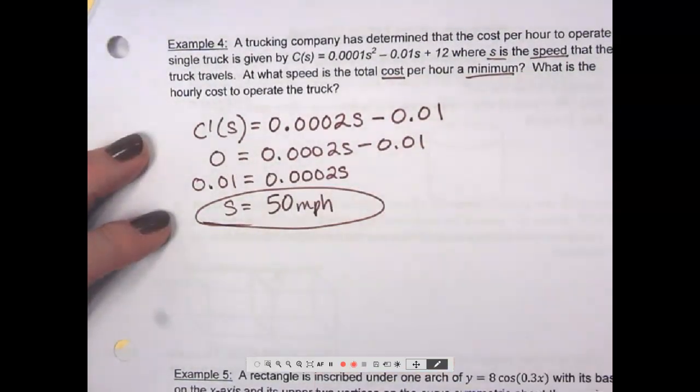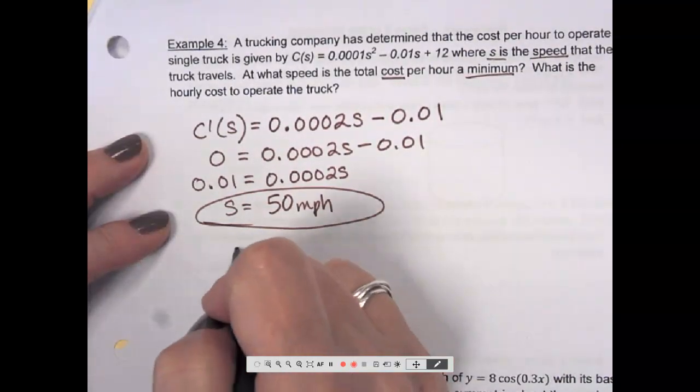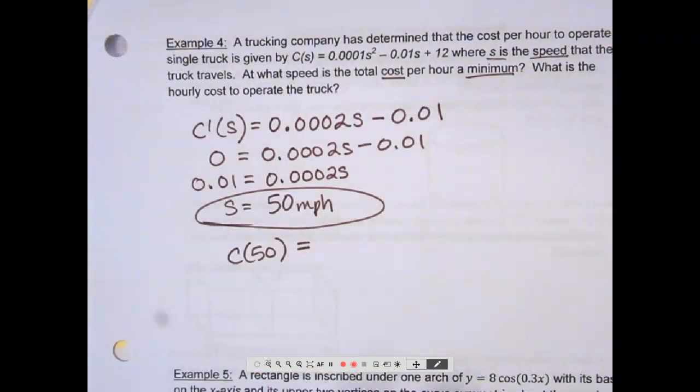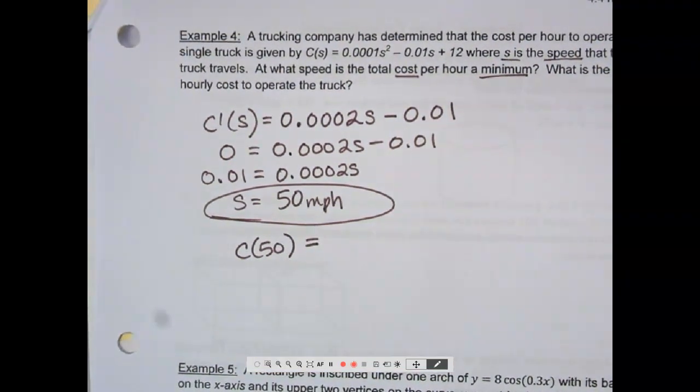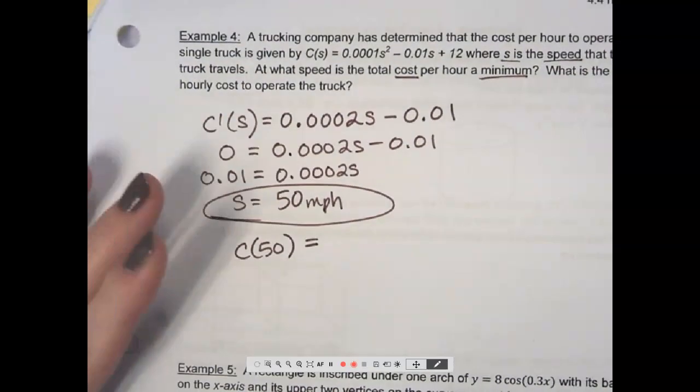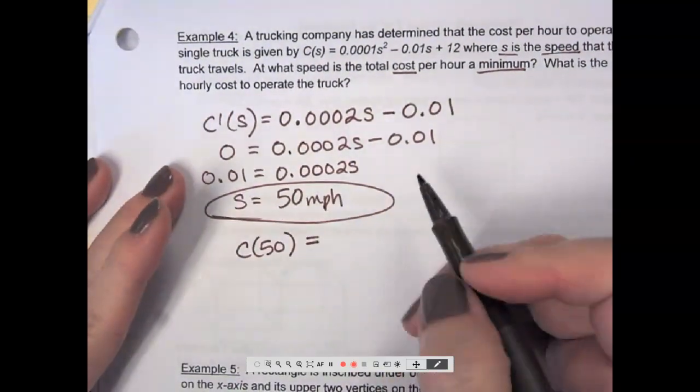What is the hourly cost to operate the truck? How do I find that? Plug it into C. I want C of 50. Did y'all get 11.75?